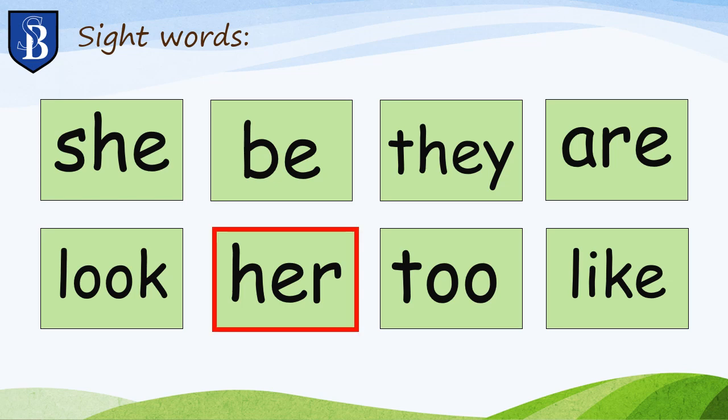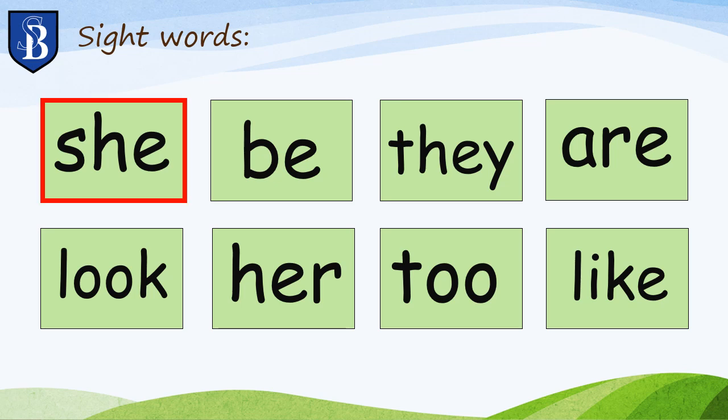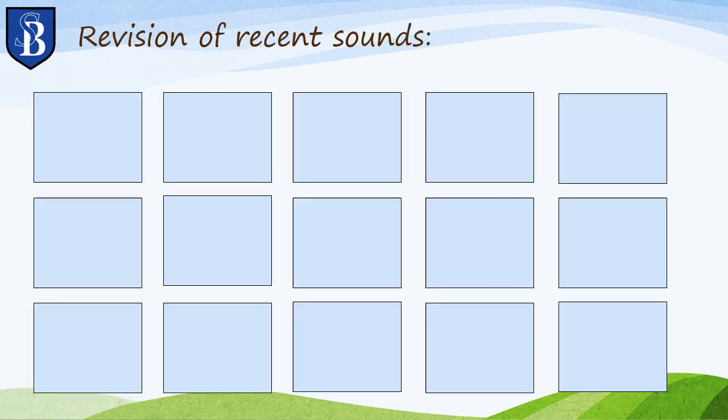Well done if you found her. To. Yes, there's the word to. And finally, she. There's the word she. Brilliant. Well done if you were able to find those words.